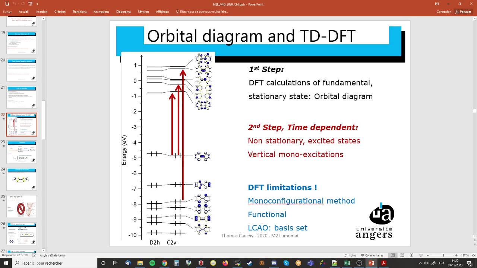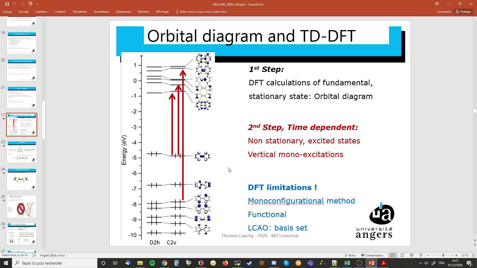Vertical means that you are in the Franck-Condon approximation, and the atoms do not move. When you do UV visible absorption, usually the Franck-Condon approximation is enough. For emission, it depends.